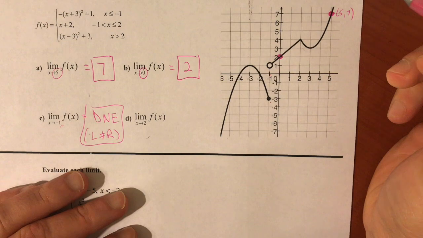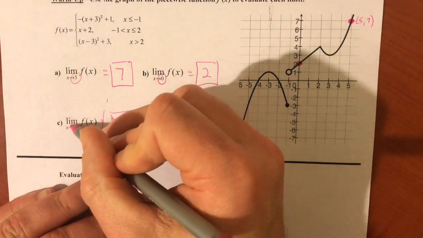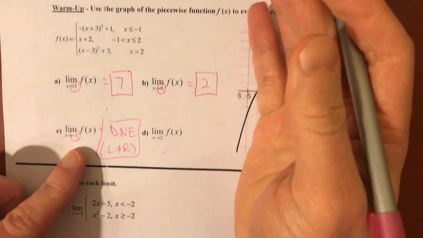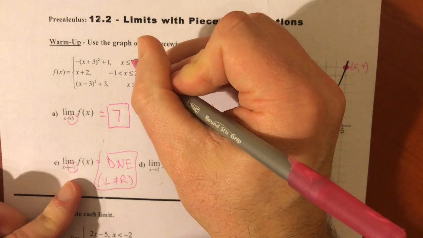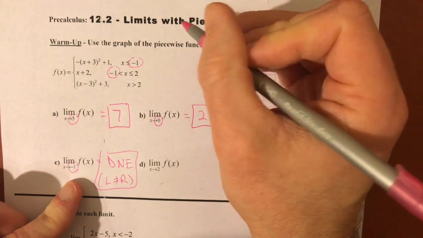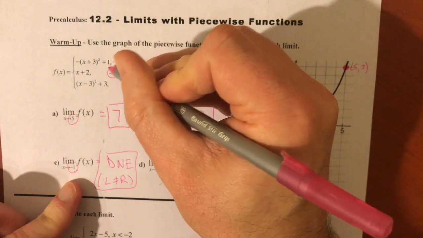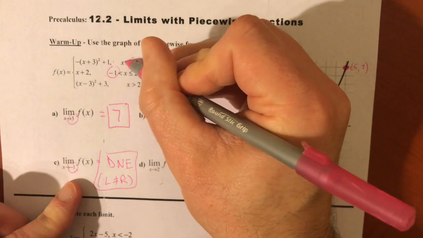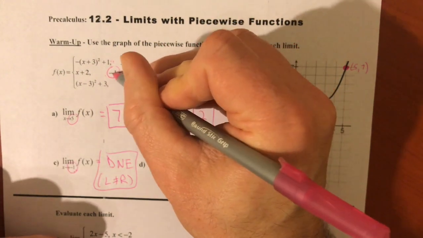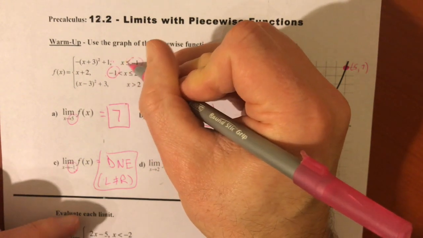Now, if I didn't have the graph in front of me for that, I would be focusing on the x value of -1. And here's where you definitely just got to watch out. -1 is what I call sort of a borderline x value for this piecewise function. It changes from this piece to this piece. Now this is where the closed circle would be on this graph, but when it's at that sort of transitional value, I want to make sure, does the left equal the right?